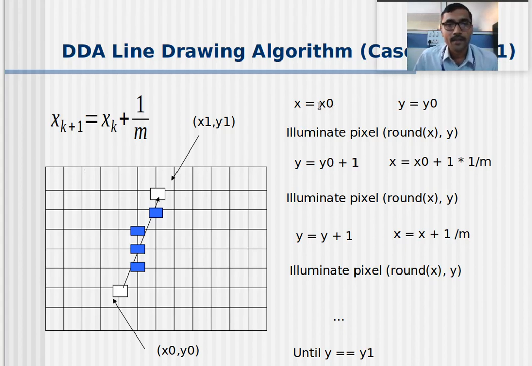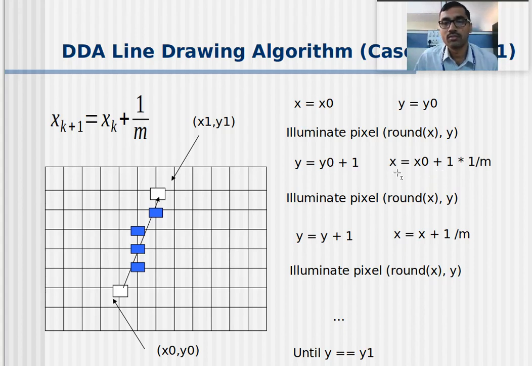Second case, in which dy is greater than dx, so the line is close to the y-axis, as we can see. So in that case, x = x0, y = y0, illuminate pixel (round x, y). As dy is greater than dx, y is incremented by 1 and the relative increment in x is calculated.